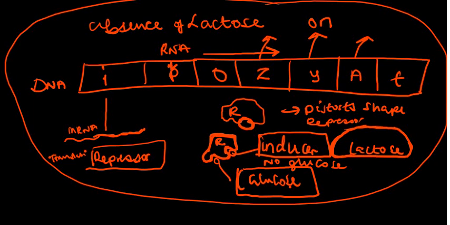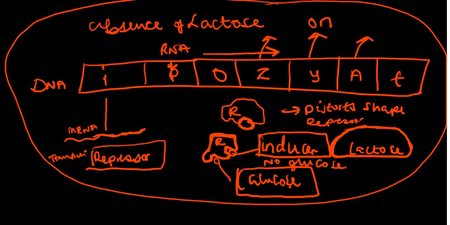Okay, so the repressor molecule, like I said, because it has two active sites, may be attached to by the inducer to switch the operator gene on, or by the co-repressor, which is the glucose molecule, to switch the operator gene off. So when the operator gene is switched on, the structural genes can carry out transcription.